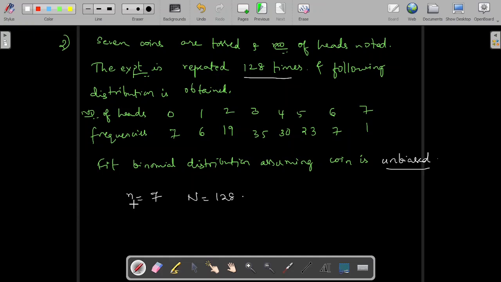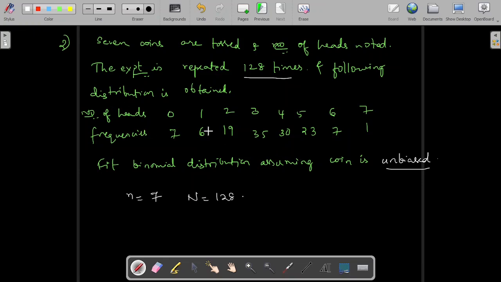The number of Bernoulli trials is denoted using a small letter n. Then the whole experiment of n trials is repeated how many times, that is capital N. For such a random experiment we have to fit the binomial distribution.